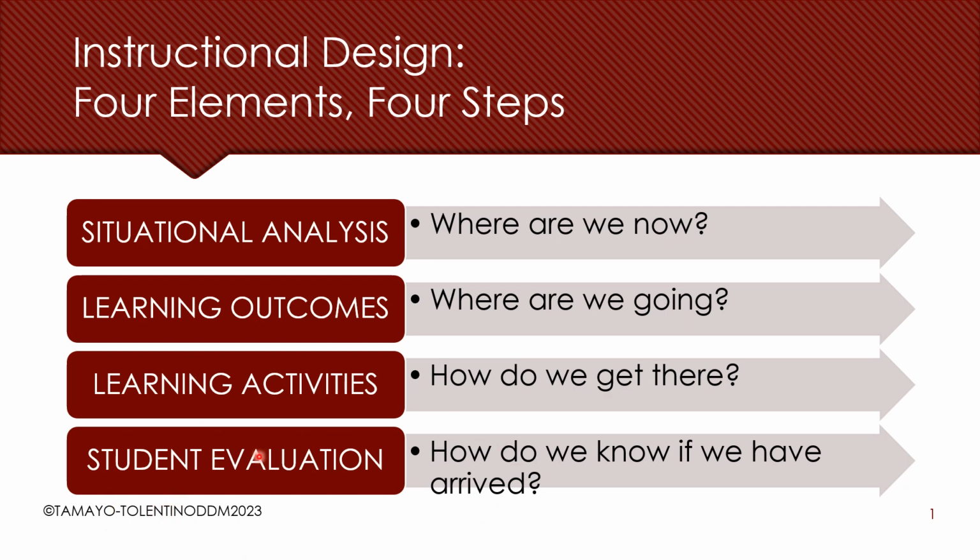This answers the question, how do we know if we have arrived? We have the learning outcomes as our goal and endpoint, and the learning activities as the means to reach these goals. Naturally, the succeeding step is to determine whether we have achieved our goals.